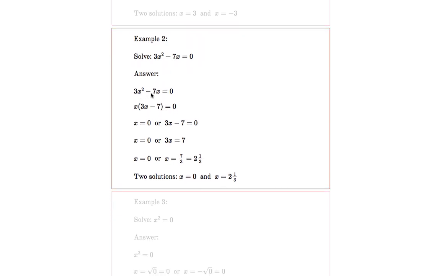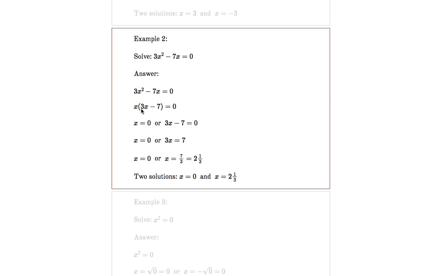We observe that both terms have an x in common. So we factor out the one x. So the x goes outside, and we have in the parentheses 3x and minus 7, because one of these x's is outside, so it's 3x minus 7.